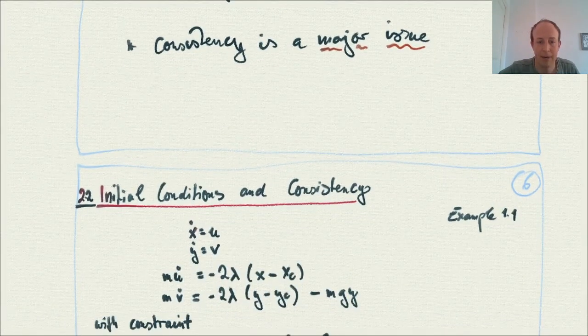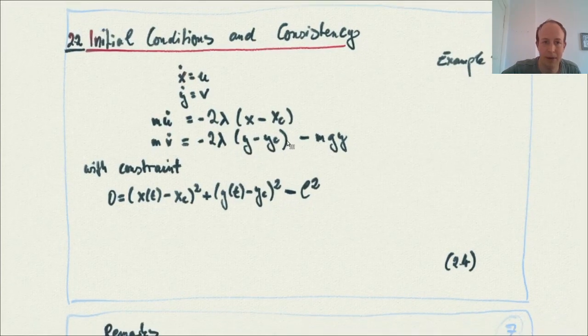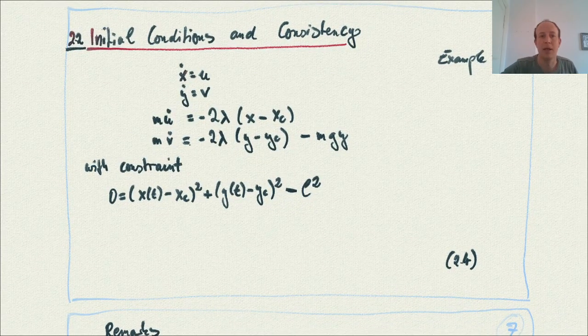In fact, the next chapter that we consider, the next part, is on initial conditions and whether they are consistent or not. For that, we go back to this example of the pendulum. So this was the pendulum. Let me draw this once more for you.